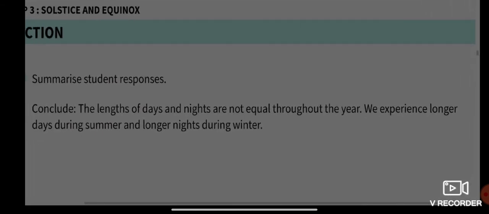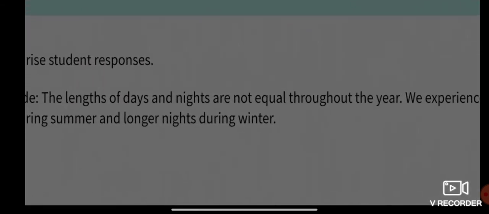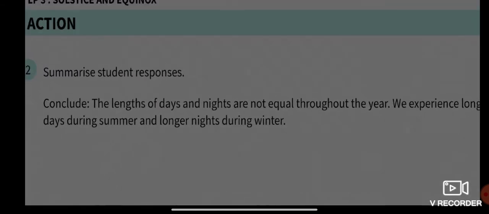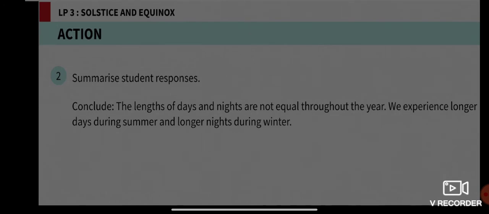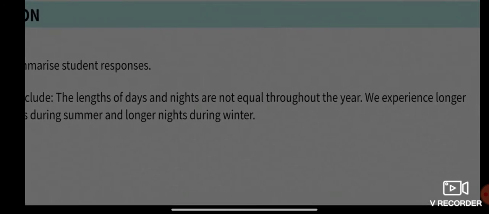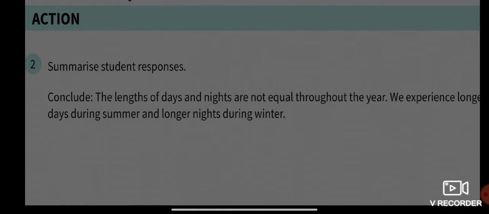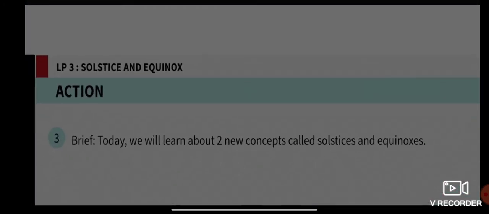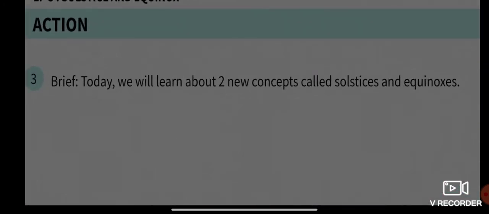We experience longer days during summer and longer nights during winter. So today we will learn two concepts called solstice and equinox.